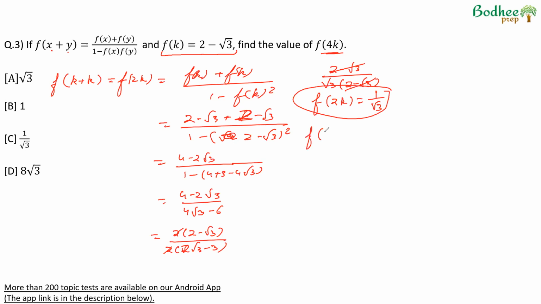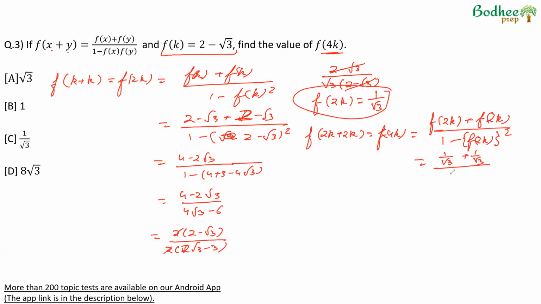And therefore, now I put x and y as 2k and 2k. So this becomes f(4k), and this will be equal to (f(2k) + f(2k)) / (1 - f(2k)·f(2k)). f(2k) is nothing but 1/√3, so (1/√3 + 1/√3) / (1 - (1/√3)²), which is nothing but (2/√3) / (1 - 1/3), which comes out to (2/√3) / (2/3).